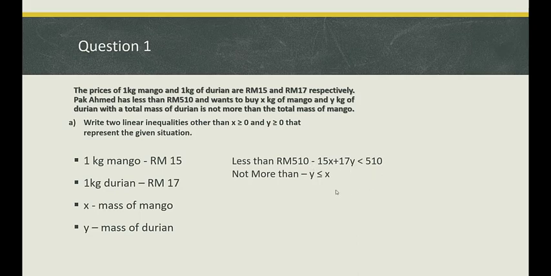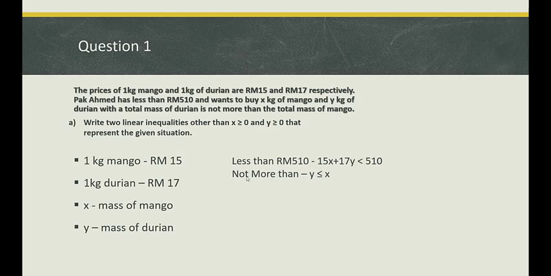And for the second scenario, the total mass of durian is not more than the total mass of mango. So what does not more than mean? Not more than means it may be less and also may be equal to.